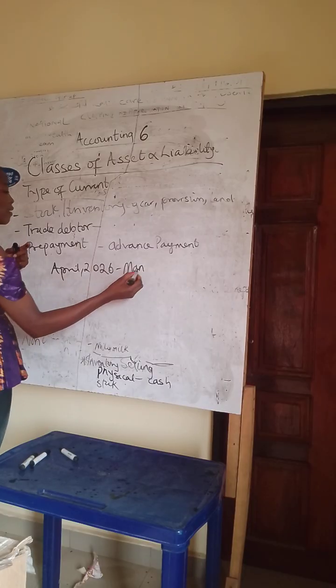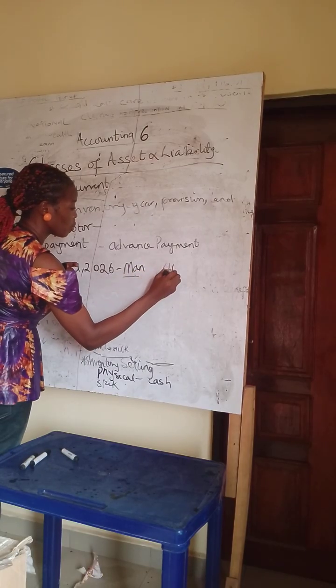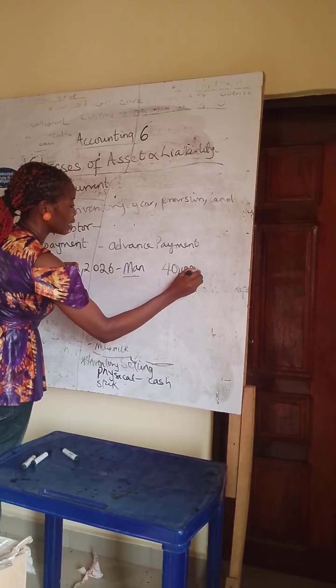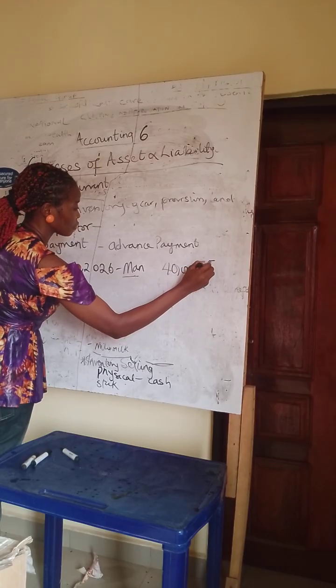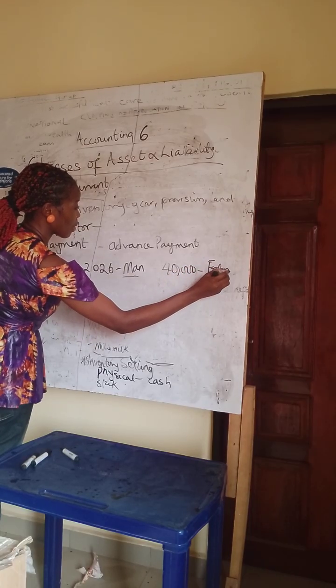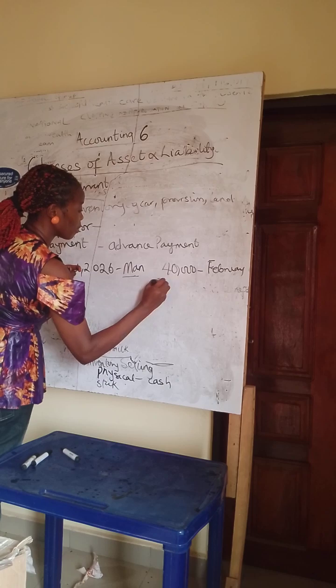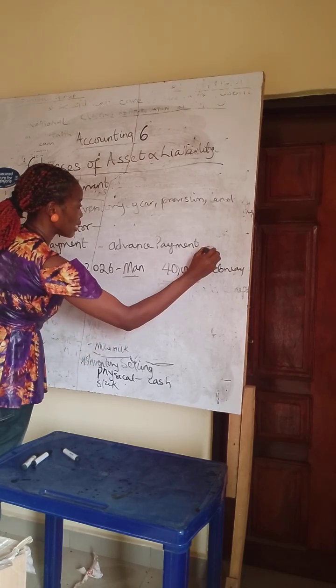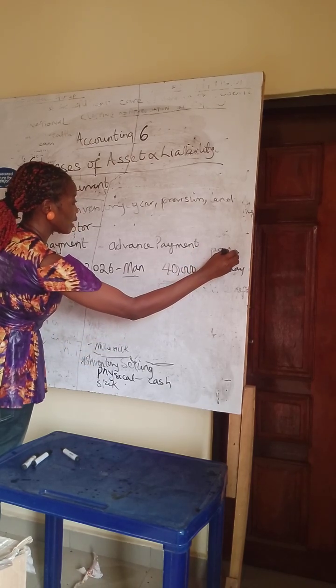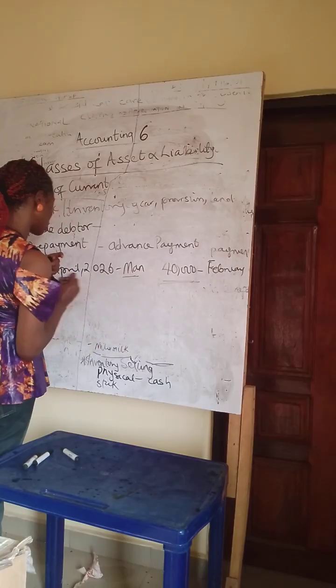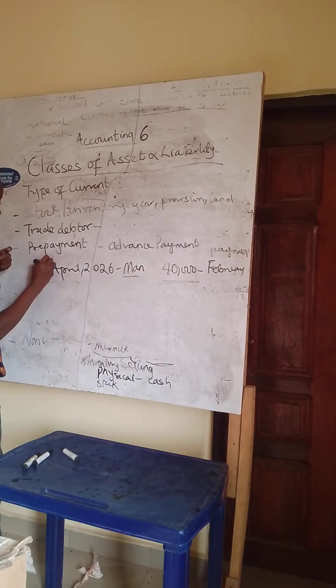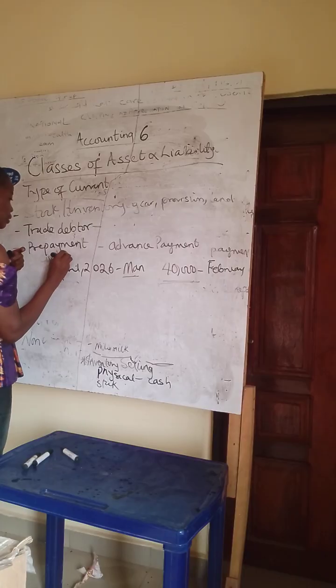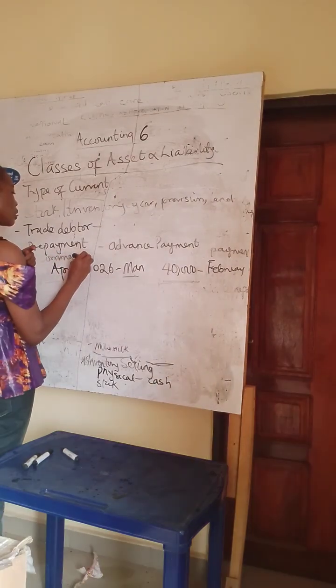And you have paid 40,000 naira in the month of February. Are we together? You made the payment in February, but the insurance starts in April. So this is the commencement period for the insurance.